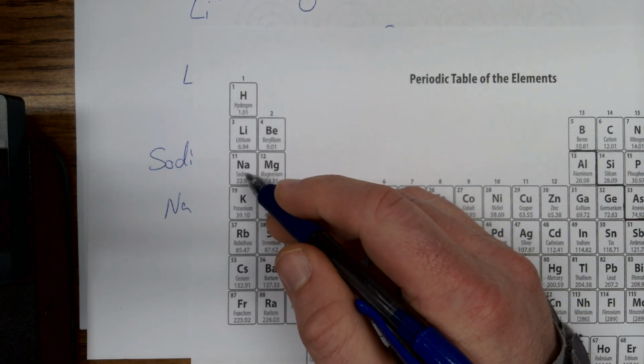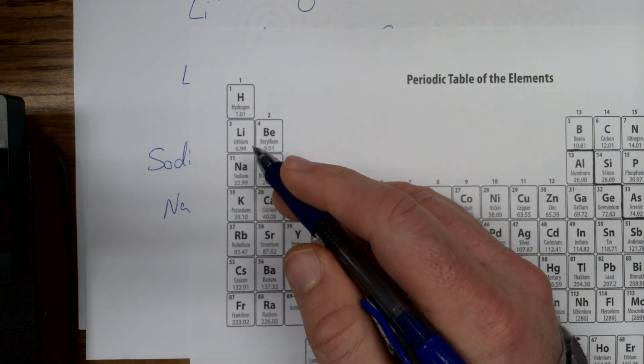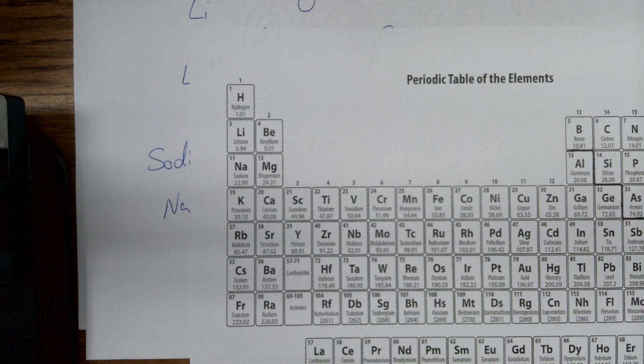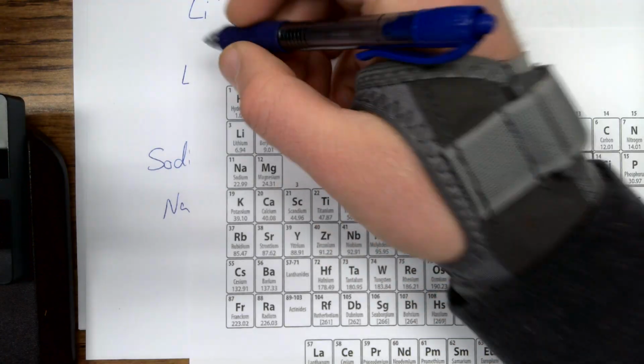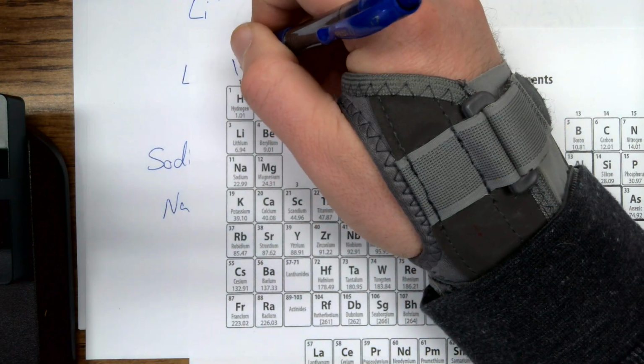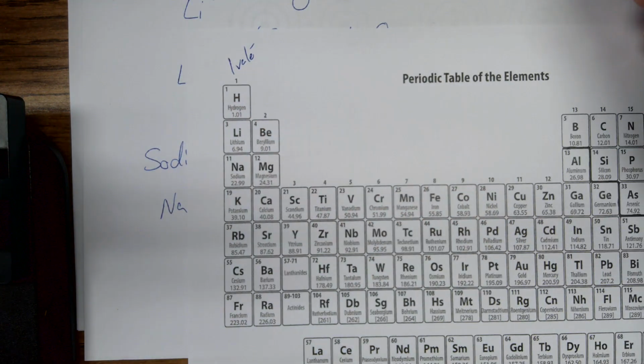Is sodium the metal or non-metal in this relationship? It's the metal, right? How many valence electrons does sodium have? Has 1, right? It's in group 1. Everybody in group 1 has 1 valence electron. We agree with that?